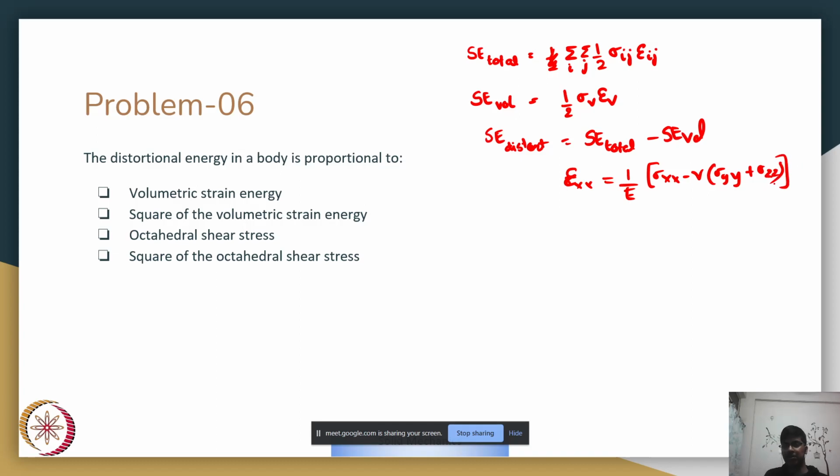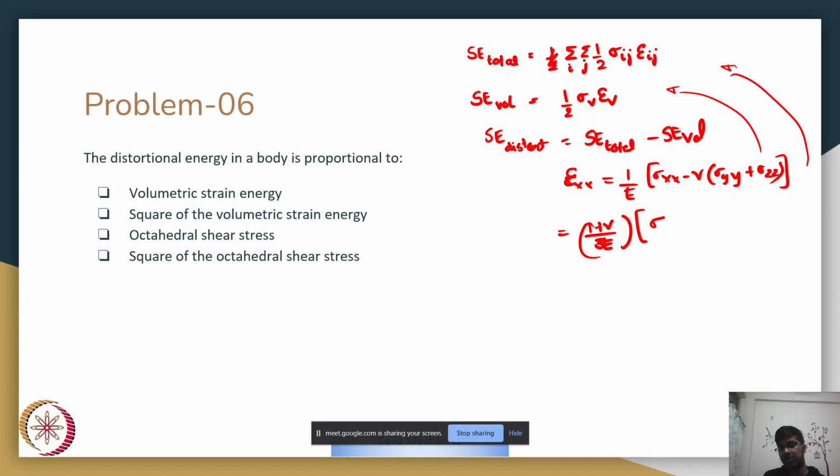Once you plug this into here and also in here with sigma v and epsilon v as basically the volume average, then you get an expression for distortion energy which would look something like this.